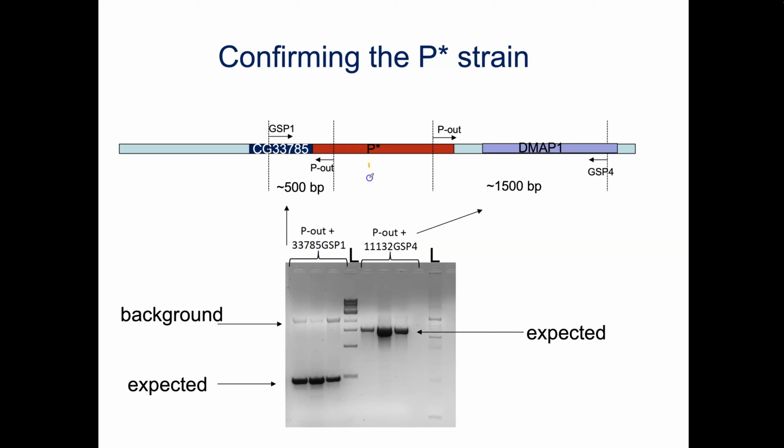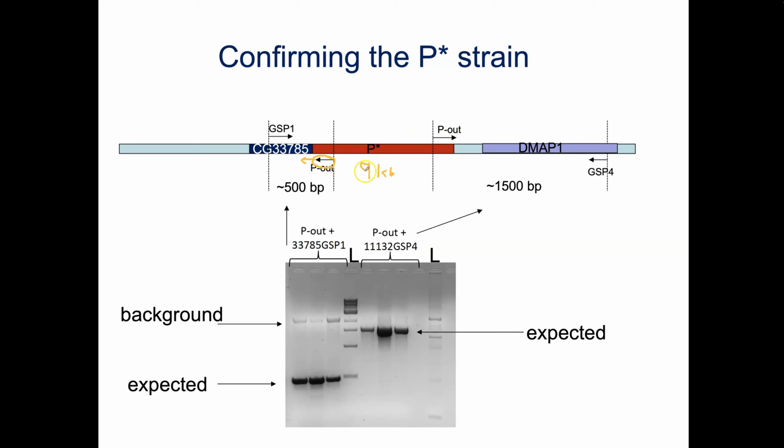The P element is really big. It's like 9 kb or something. It might be longer. So these are not themselves going to produce a product. So if the P element is there, we use a primer that matches the inverted repeat at the end. It's called P out because it makes DNA in this direction.